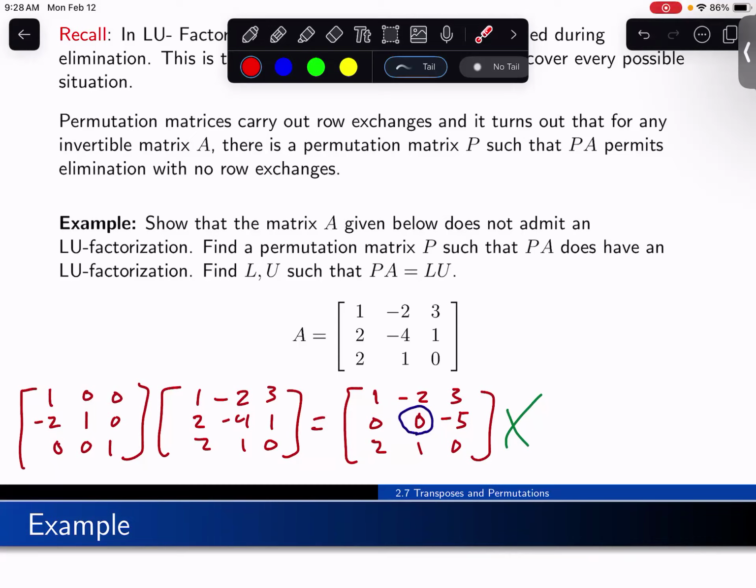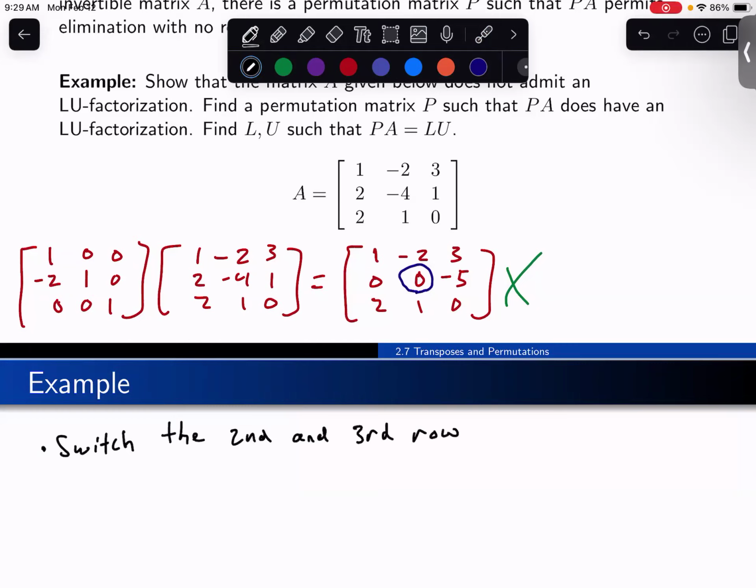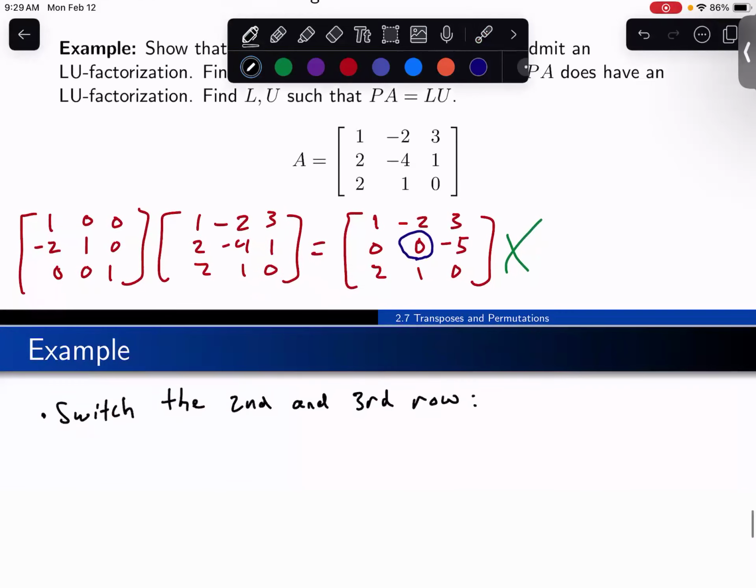Yeah, you just want to switch these 2 rows with one another. And again, the intuition is we have a pivot, a non-zero entry, here. And so we'll see what ends up happening. So what we want to do is switch the second and third row. Now we have to think about what the corresponding permutation matrix is going to be.